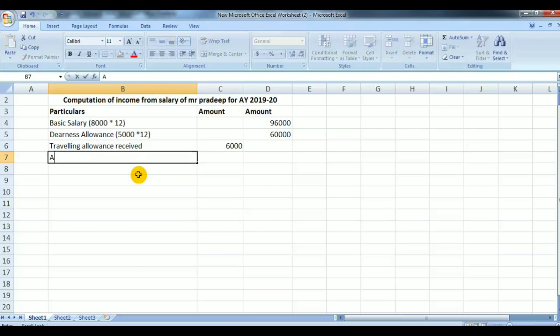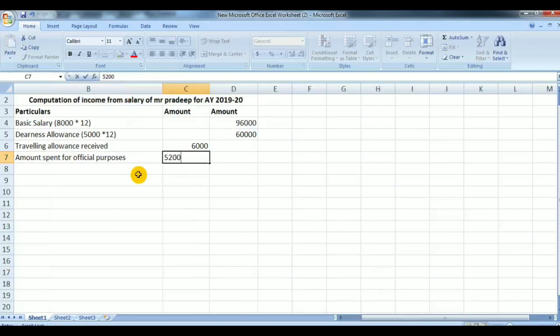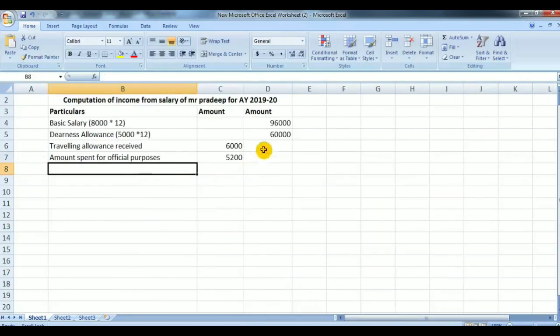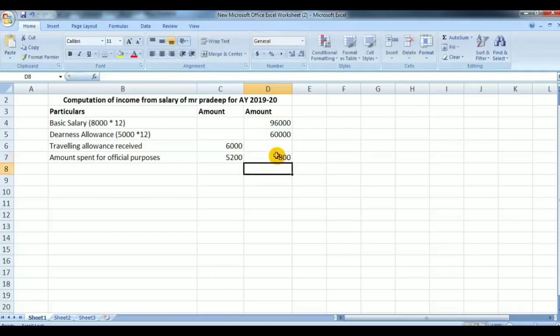So amount spent for official purposes will be written here, and that amount will be deducted. And the remaining amount will be the chargeable amount. So 6,000 minus 5,200 will be 800 rupees will be the taxable value of travelling allowance, and that 800 I will write in the outer column.